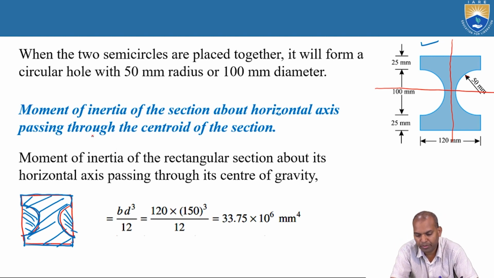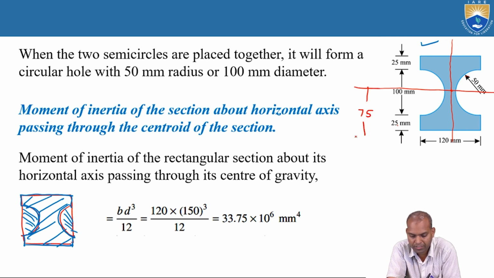First, the location of the centroid. The centroid is at 25 plus 100 by 2, which is a distance of 75 millimeters. What about the horizontal distance?